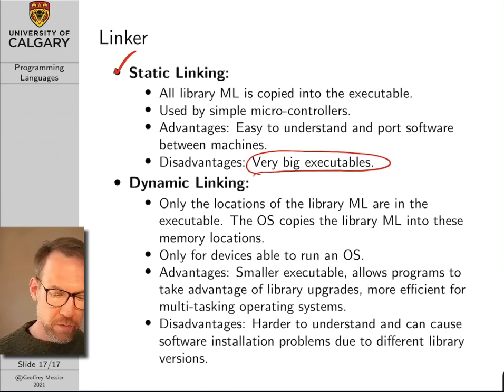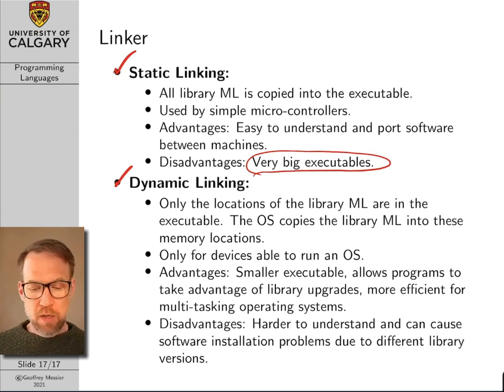In contrast, dynamic linking doesn't copy in all the machine language code from the libraries. Instead, it only copies in the locations of the libraries. And the operating system then is responsible for connecting our executable to those libraries in real time.